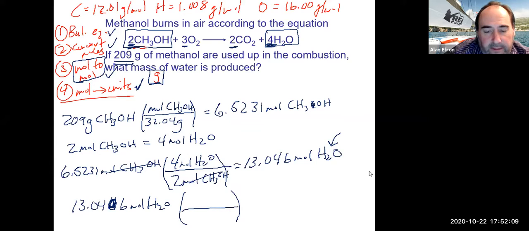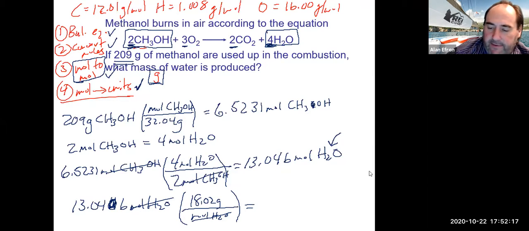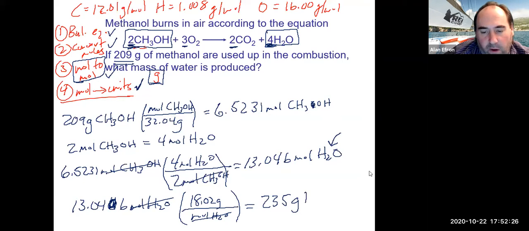And we're going to multiply here by the 18.02 grams per mole. Moles again going to cancel, and we will end up with 235 grams of water that would be produced in this particular case.